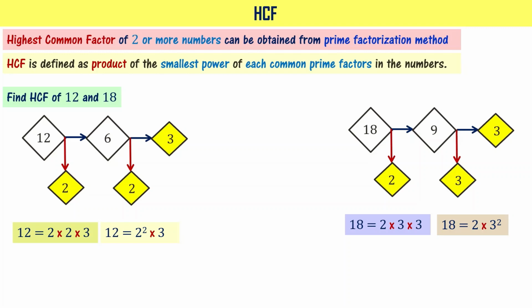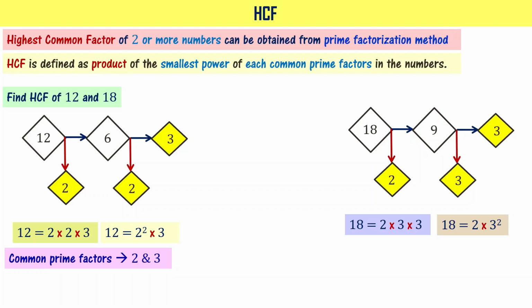If you observe the definition of HCF, it is talking about two things. One is each common prime factor and the other is the smallest power. Let's find what the common prime factors are. 2 and 3 are the common prime factors, right? 12 was written as 2 square times 3 and 18 was written as 2 times 3 square, right?